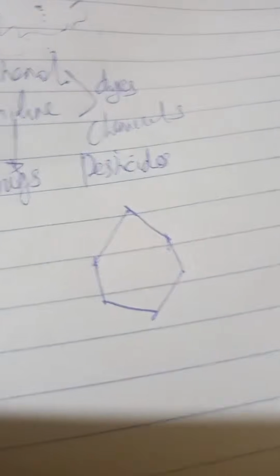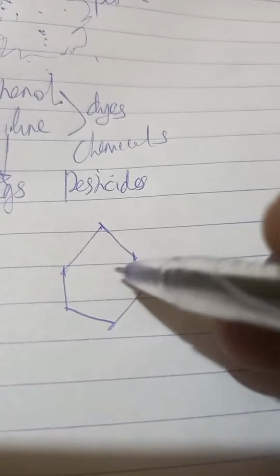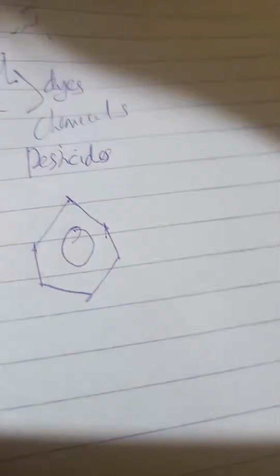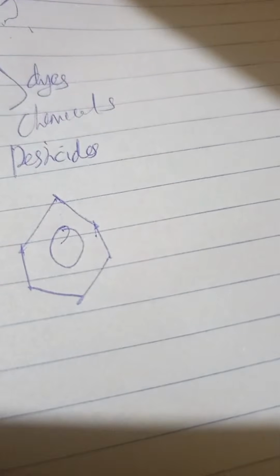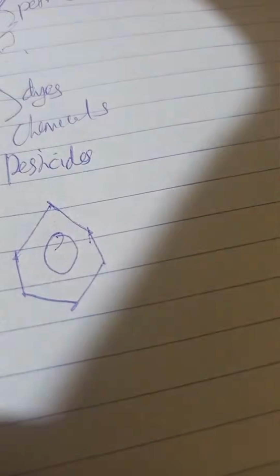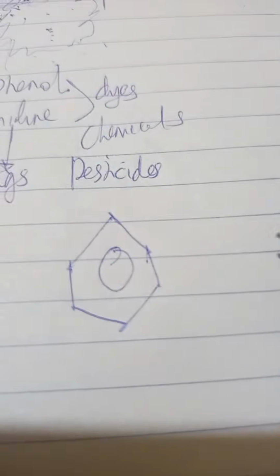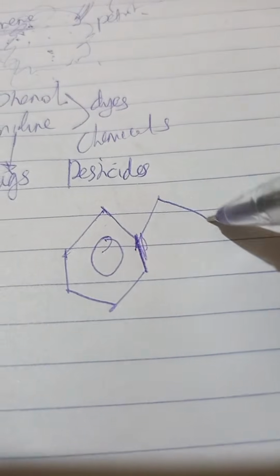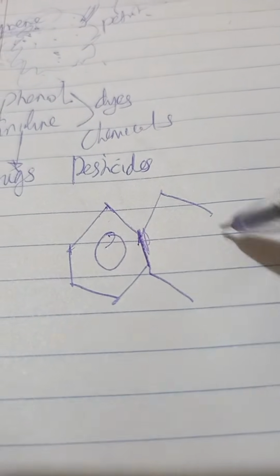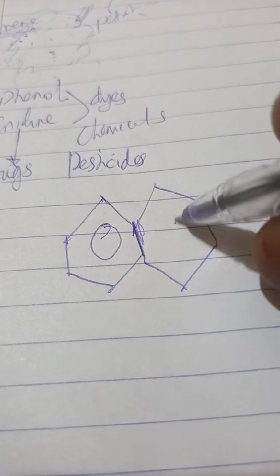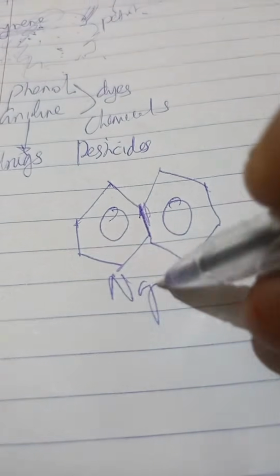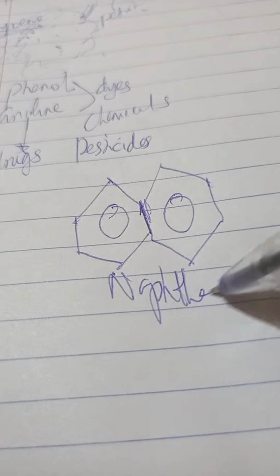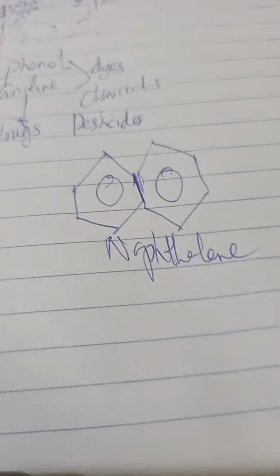Are you following me? You put another one by the side here so that it will blend together with it. Like this. This is naphthalene. So naphthalene is just two benzene rings joined together.